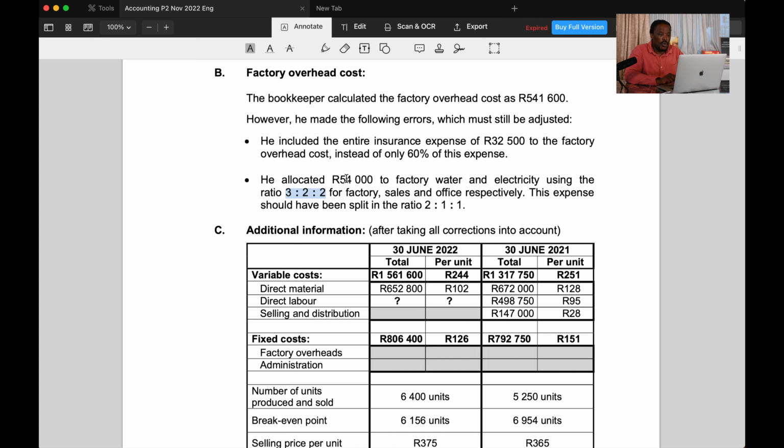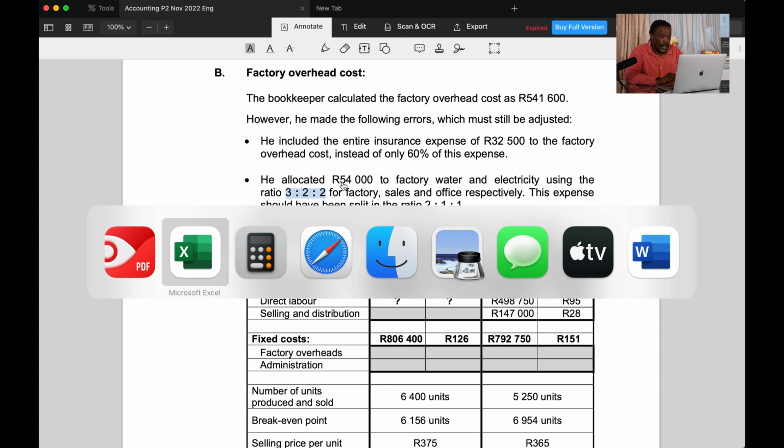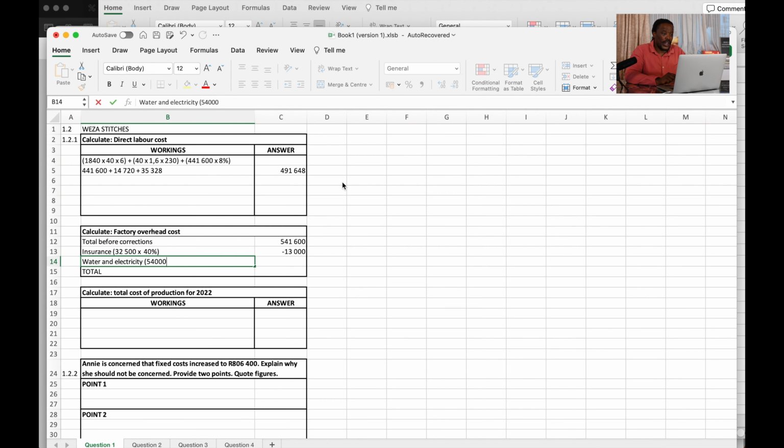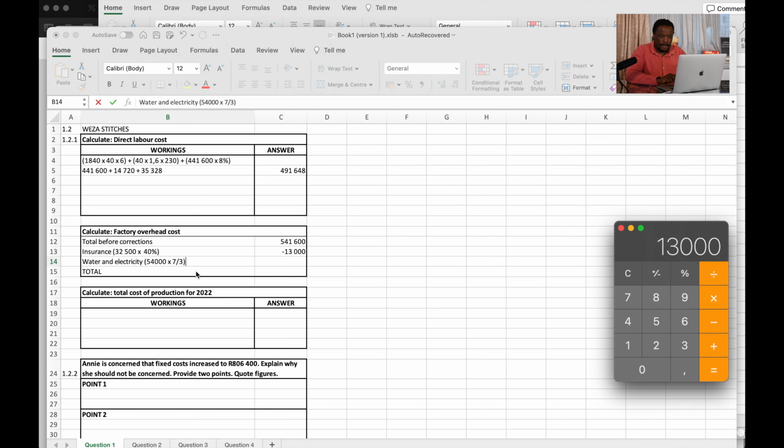So now to see how much it was before that allocation, it's times 7 divided by 3, because 3 was already allocated. In terms of that ratio, 54,000 times 7 divided by 3, we get that it was 126,000.